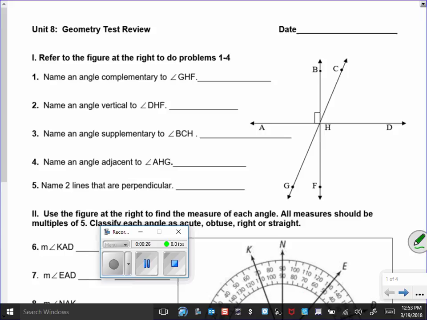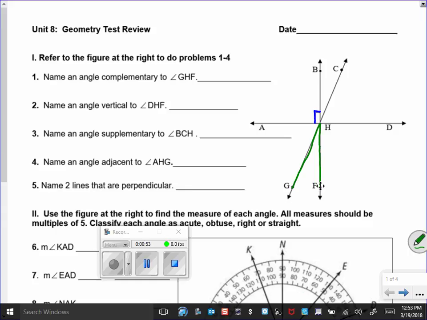Number 1 is name an angle complementary to angle GHF. So let's look at angle GHF. Angle GHF is here. We know that complementary is when 2 angles must add up to be 90 degrees. This mark here alerts us that that is a 90-degree angle.